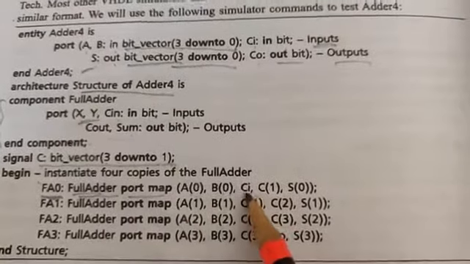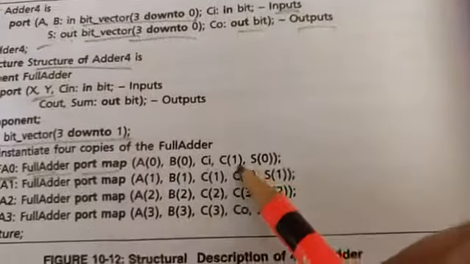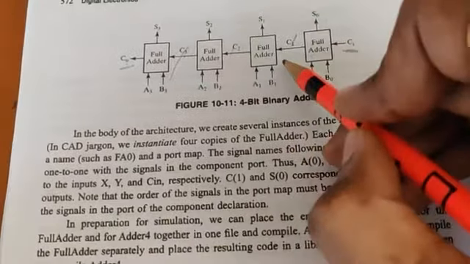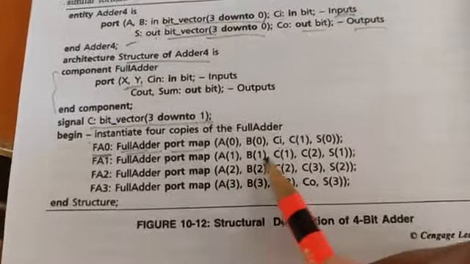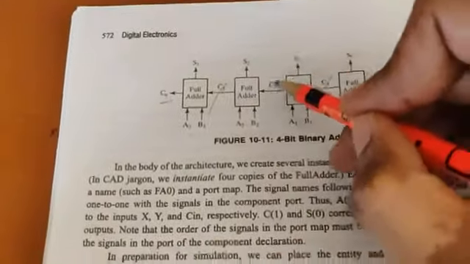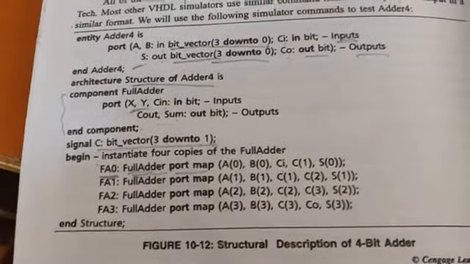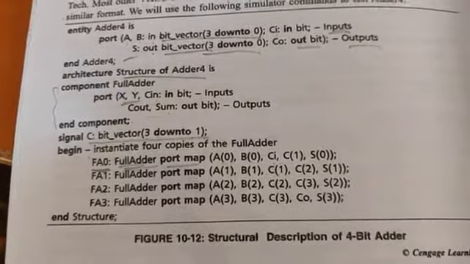Which are the outputs? C1 is an output, S0 is an output. Similarly, A1, B1, C1 are the inputs, and C2 and S1 are the outputs. Similarly, the others are written. So this is how you are supposed to write a 4-bit full adder.